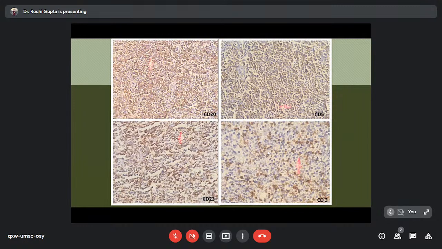And a typical immunophenotype documented on immunohistochemistry: CD20 positive, CD5 positive, again CD23 positive. I've purposefully included an image of IHC of CD3 to show that CD5 is much more positive as compared to CD3. So the expression of CD5 is actually correlating with that of CD20 and not with that of the T cells. This is how you evaluate the pattern of CD5 expression in a case of SLL.